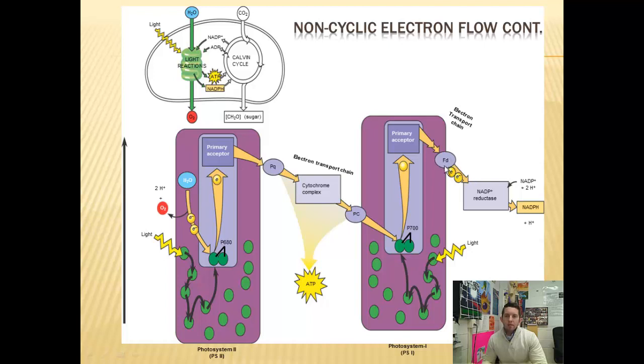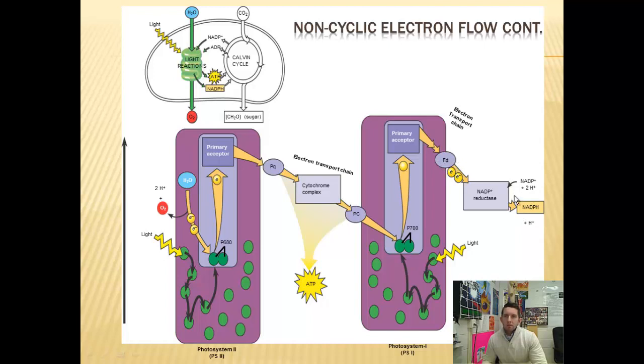From ferredoxin, those electrons are passed to NADP, and that process is sped up by an enzyme called NADP reductase. This is super important. We were talking about how ATP is produced, how NADPH is produced. This is how NADPH is produced.